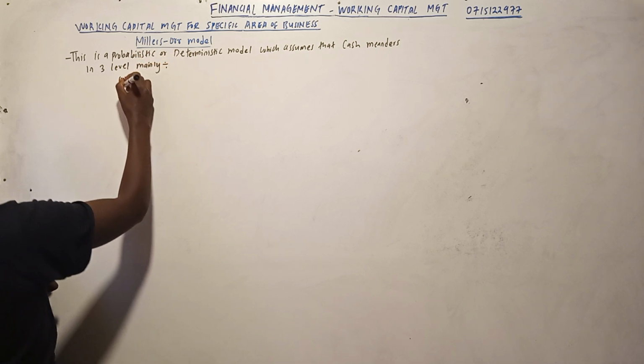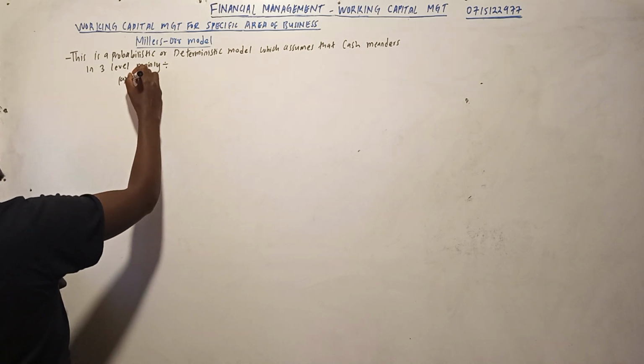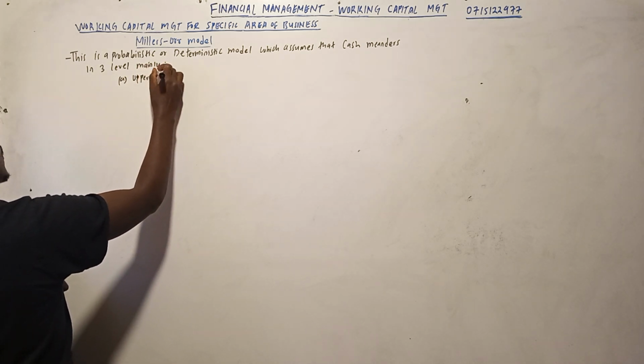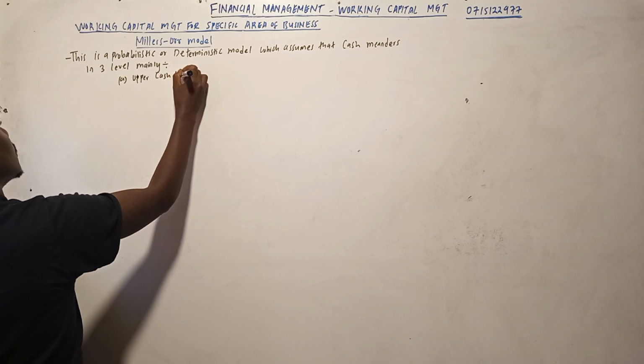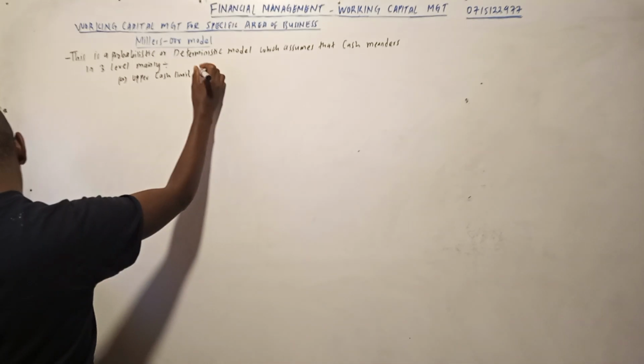Number 1, the upper cash limit, which is H.